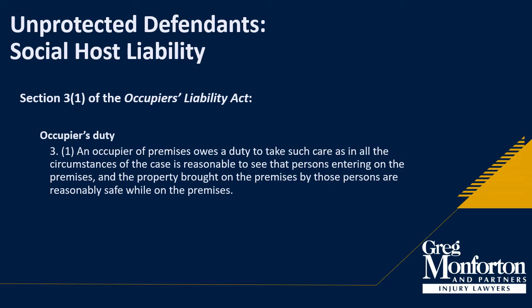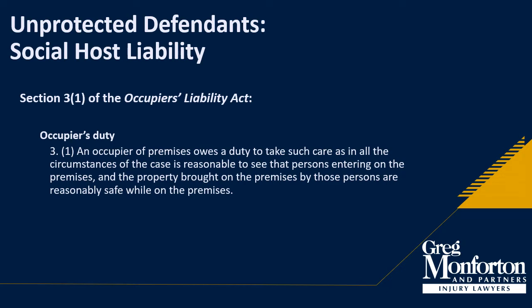With respect to the Occupier's Liability Act, the case law has determined that occupiers have an affirmative duty to make the premises reasonably safe. They must do something. Nothing will not suffice here. They do have an obligation to do something. And so again, that obligation, similar to municipalities, is to only take such care as is reasonable in the circumstances.